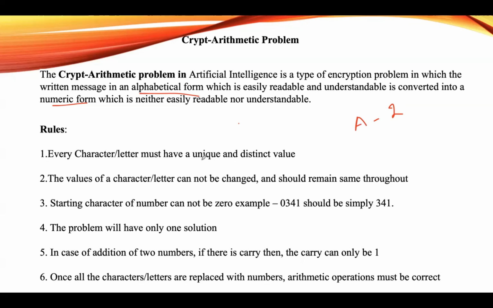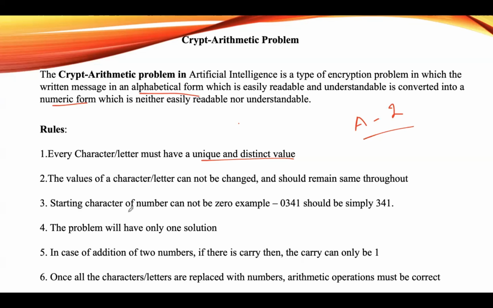Every character must be unique, and the values of characters cannot be changed. So A's value is assigned as 2, and this value should remain the same throughout the problem. We can't change it in the middle, or take A's value as 2 in one place and 3 in some other place.